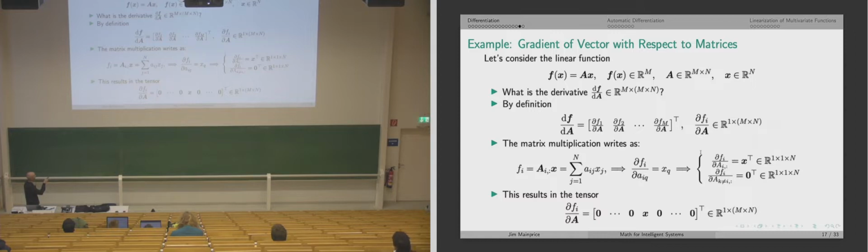This is the expression of the dot product between that row of the matrix and that column vector x, and we are iterating through j, so all the components of x and all the column indices of the matrix.